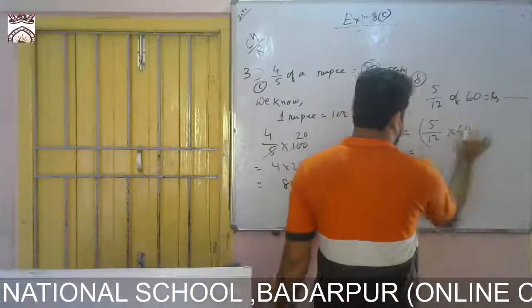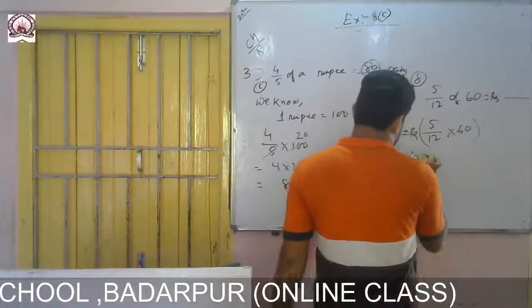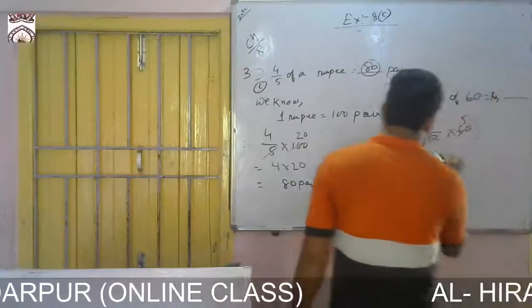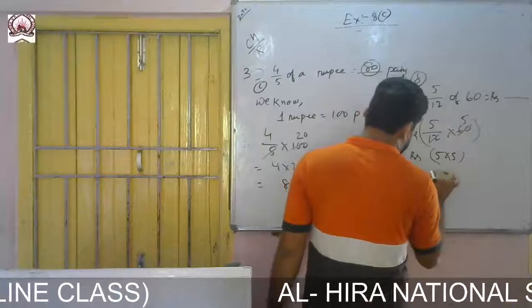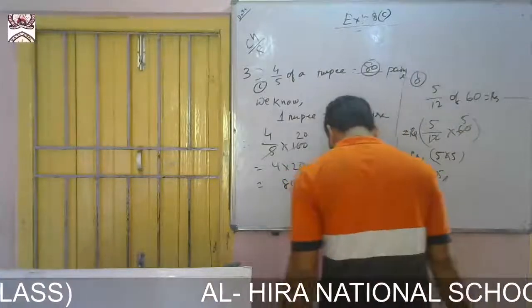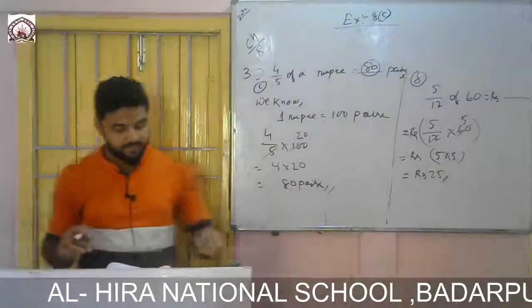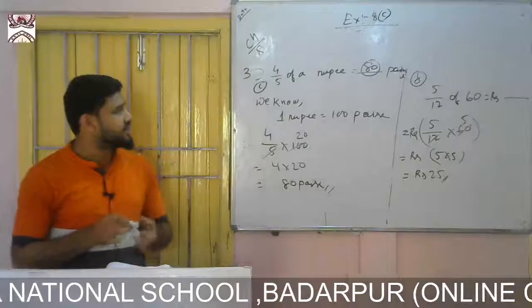In every case you write rupees. So 5 12s are 60, so 5 into 5 is rupees 25. So question number 3 finished.